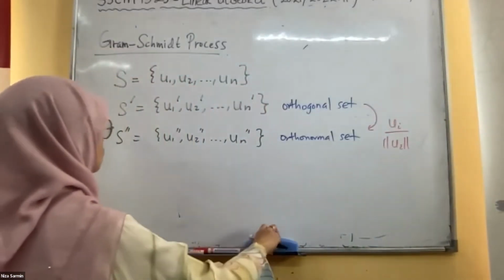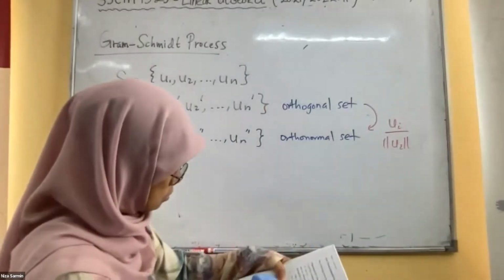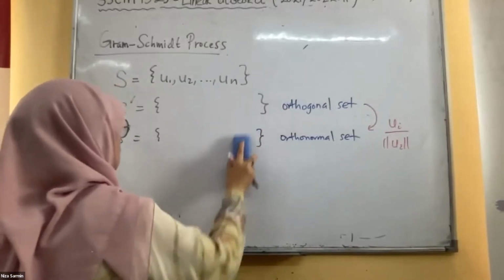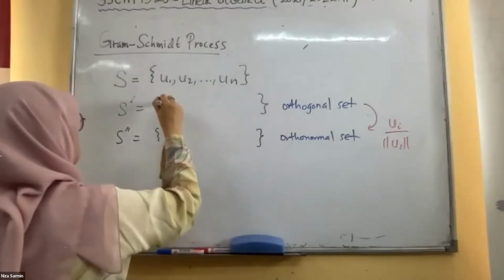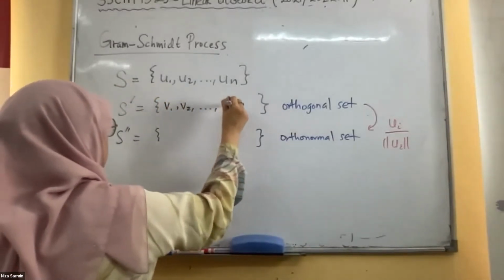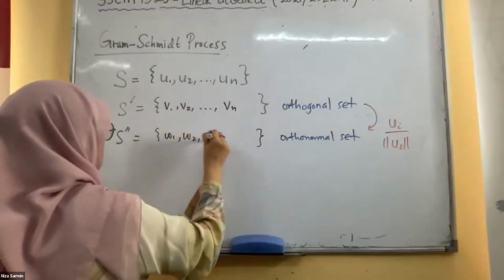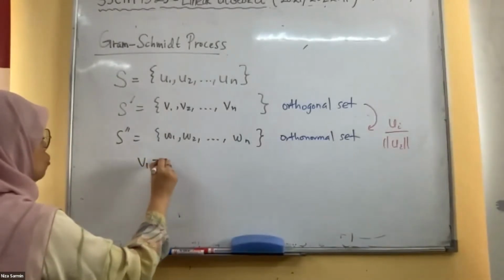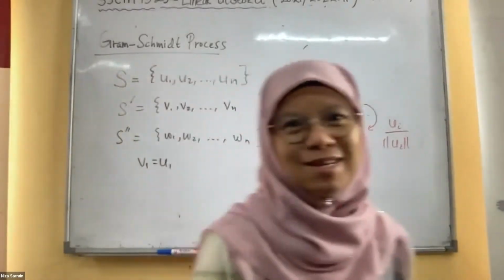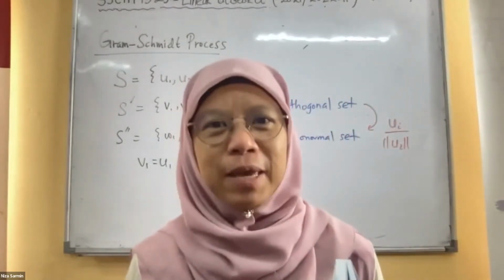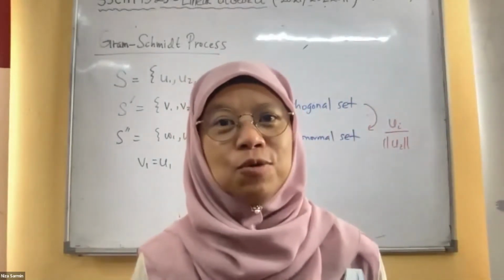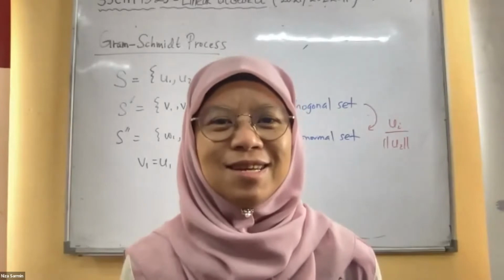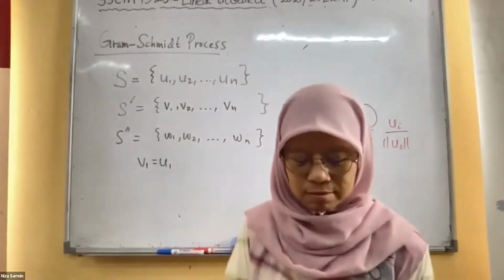Let me be consistent: U, V, W. So the first one, V1 is U1. Copy, paste. If you paste the wrong V1, you will lose the whole rest of the answer.